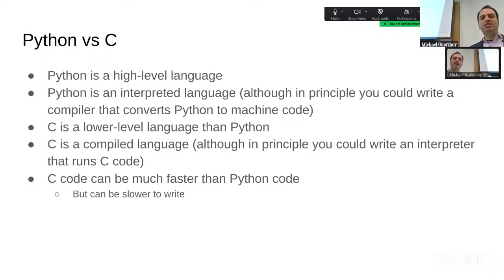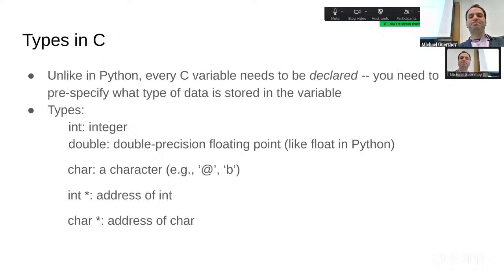C is compiled. Although traditionally compiled, you can make an interpreter for C, something like exec in Python for C. It's just that people don't ordinarily do it. C code can be much faster than Python code, but can be slower to write.